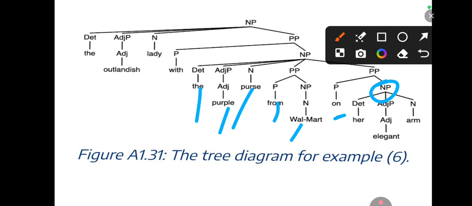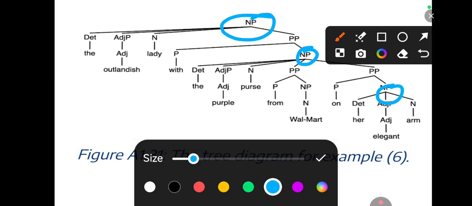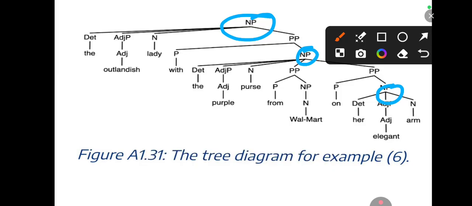So how many noun phrases are there? Let us count. That's a noun phrase, right? And then here a noun phrase, and then here, so three noun phrases. And how many prepositional phrases are there?